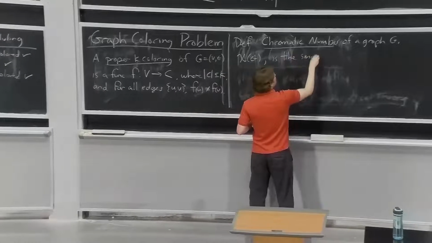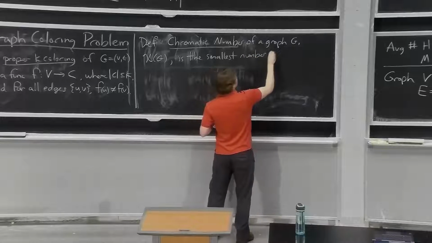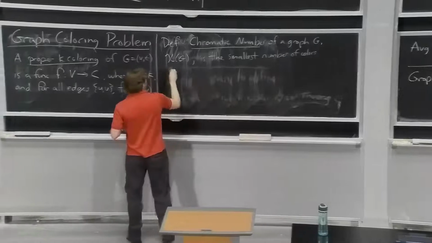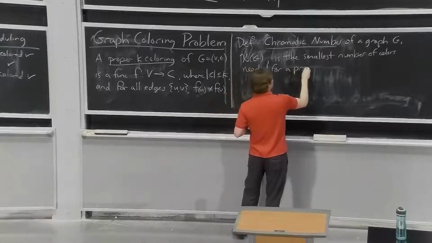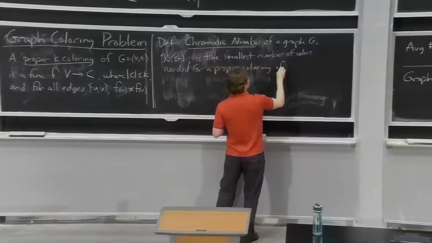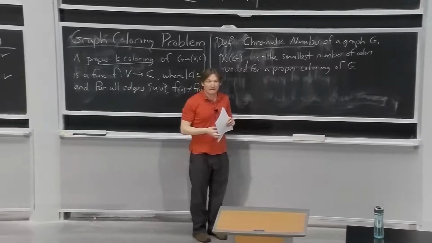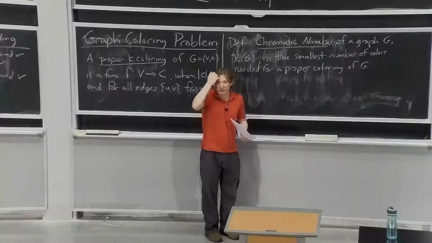Is the smallest number of colors needed for a proper coloring of G. All right? So the chromatic number asks, what's the fewest colors you can get away with?